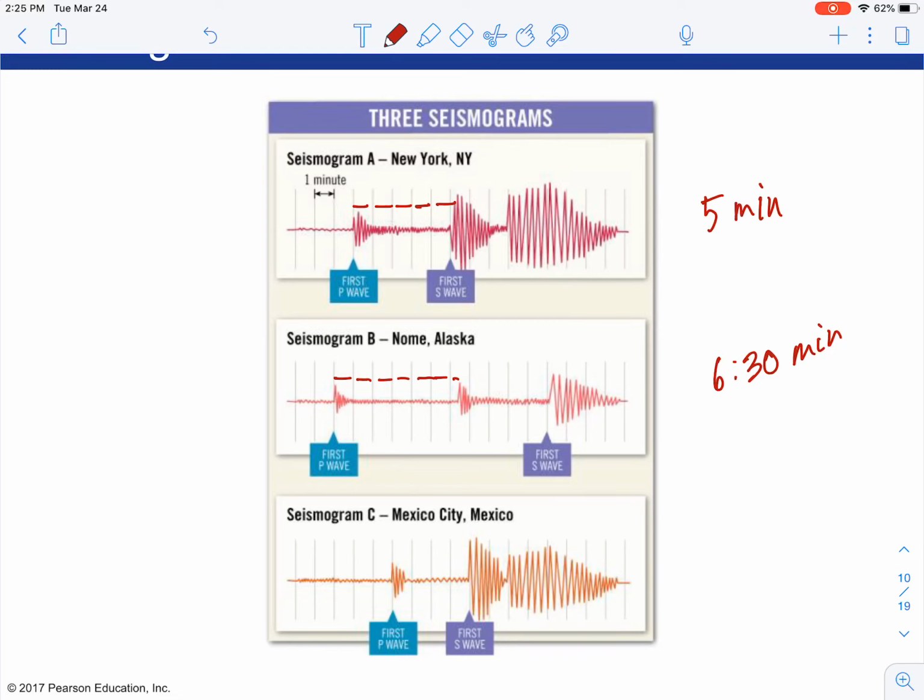And then Mexico City would be 1, 2, 3, 4 minutes. So just based on those seismograms alone, I know that the earthquake happened closest to Mexico City and farthest from Nome, Alaska. But then I don't know exactly where in the world this earthquake happened.